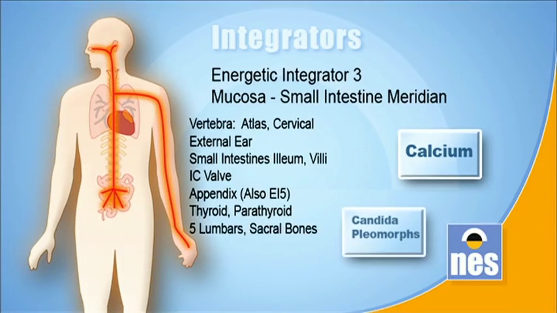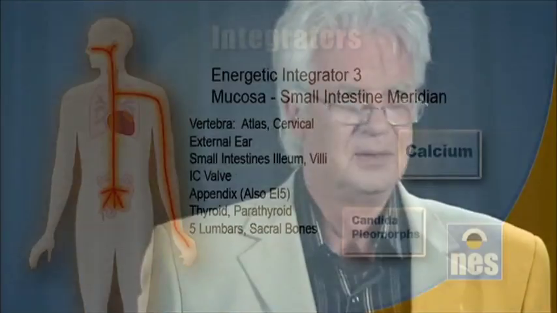And I've got another square, Candida pleomorphs. What on earth are Candida pleomorphs? Candida is usually in the body from the moment you're born until the moment you die. But it's been decided that it can be pathological if it gets out of control. It normally lives in the large bowel.